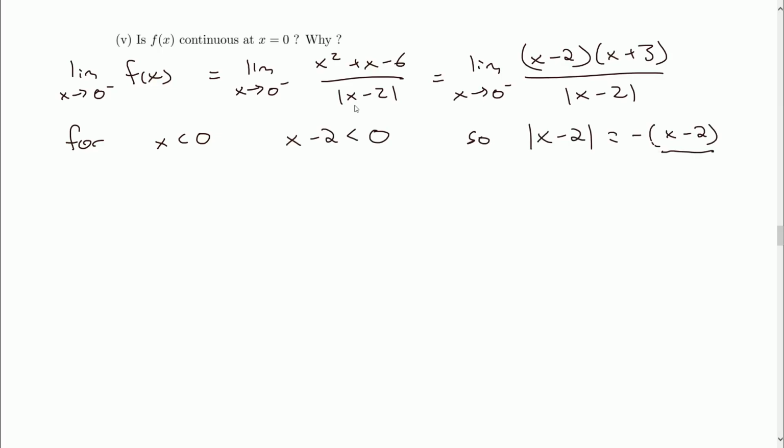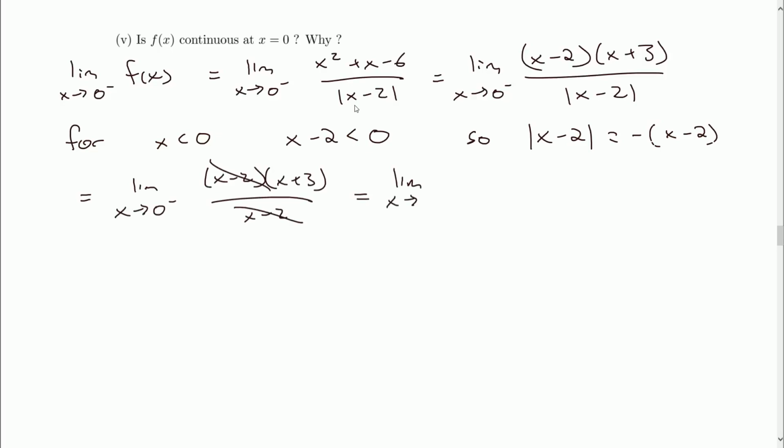Every year somebody comes and says, well, this can't possibly be positive. You put a negative sign in front of it. But negative of something that's already negative becomes positive. Okay? So we get the limit as x approaches 0 of x minus 2, x plus 3 over x minus 2. Get some cancellation going. And we get a value of 3.